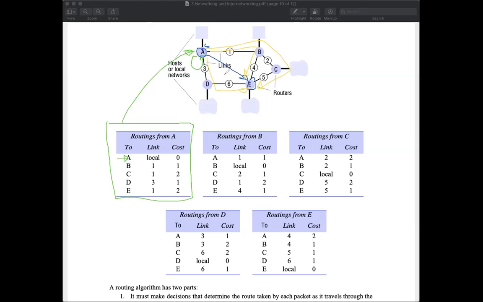With this one, cost would be 2. This way, cost would be 3. And for this one, again, cost would be 2.